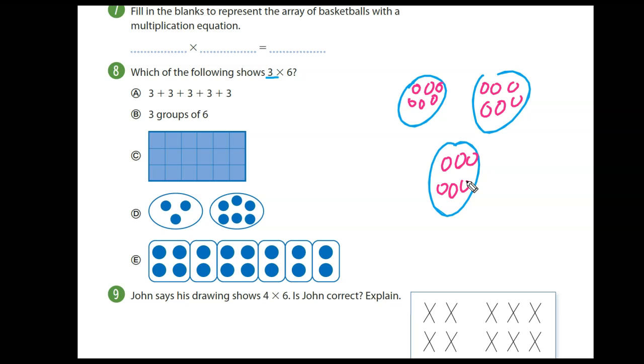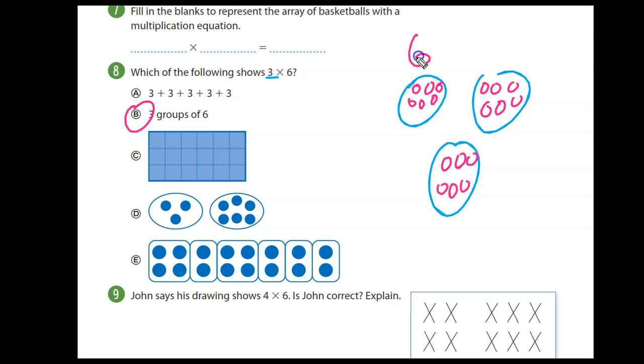Do I have 3 groups of 6 each? Do I have 3 groups? Yes. Are there 6 in each group? Yes, I do. So is B correct? Yes. A could be correct if I had 6 groups of 3 each, but I don't.